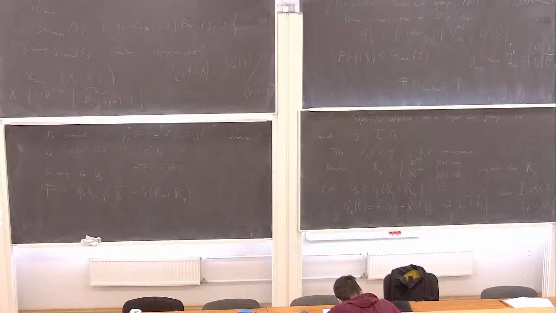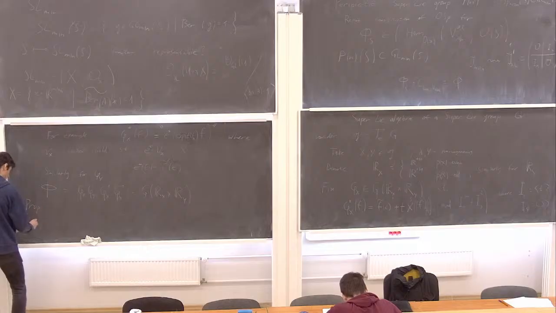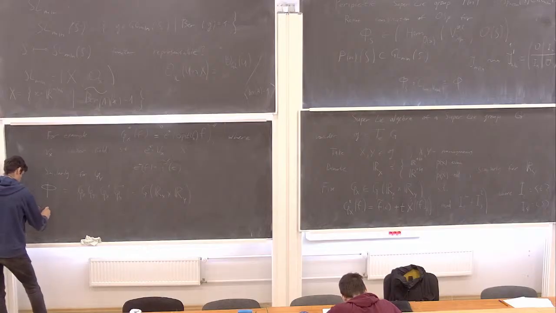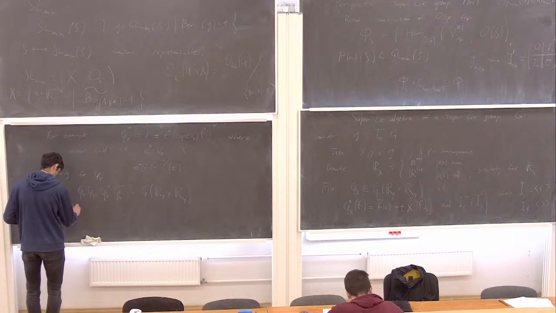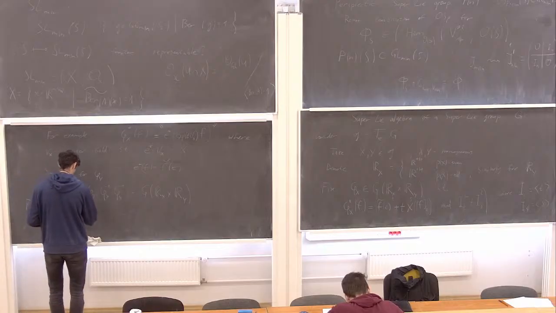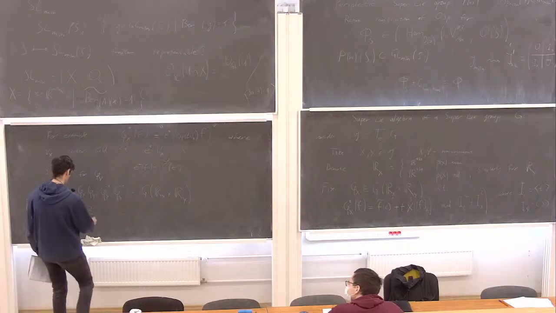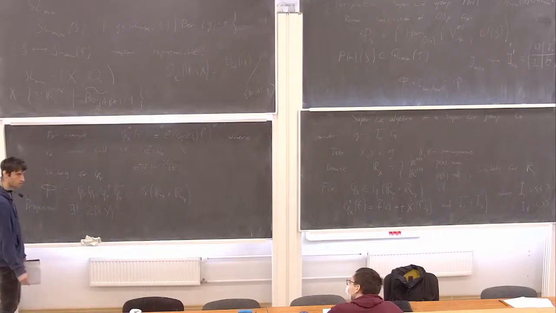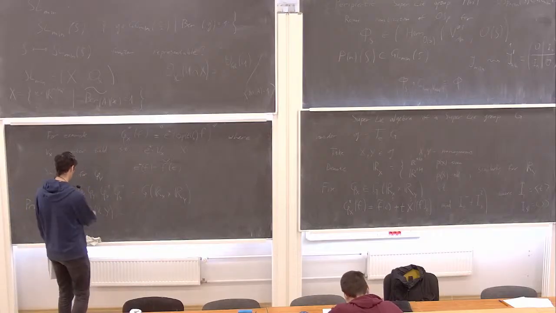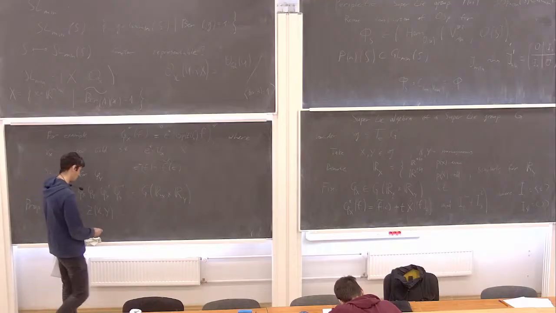And then I'd like to make the following claim. Proposition: there exists a unique superderivation z. Well, unique, it depends on x and y, but doesn't depend on phi. That's what I mean.